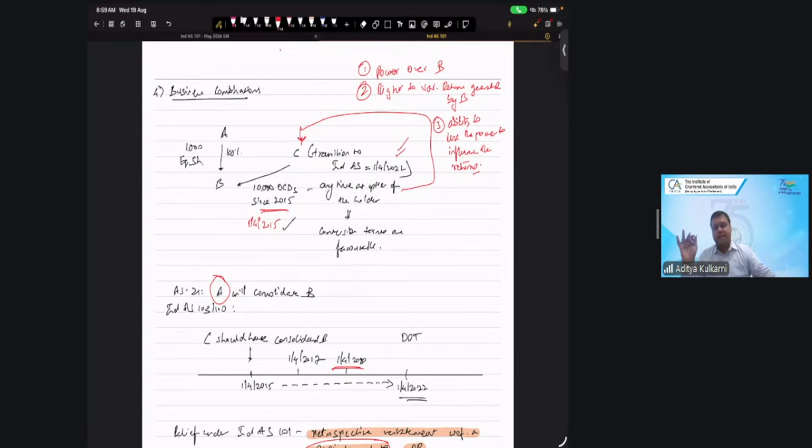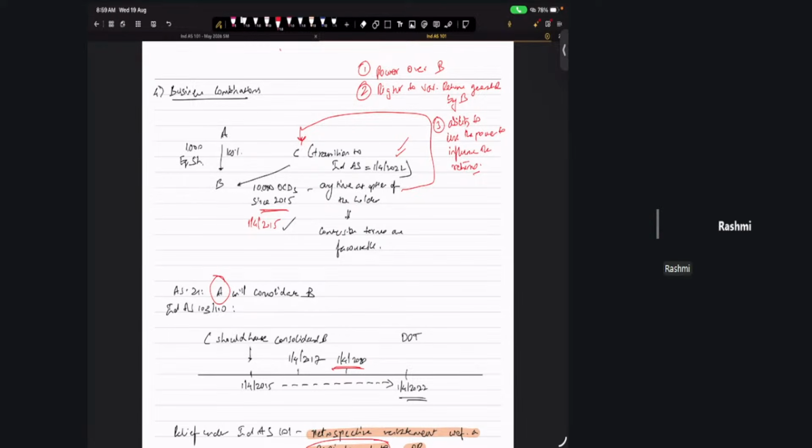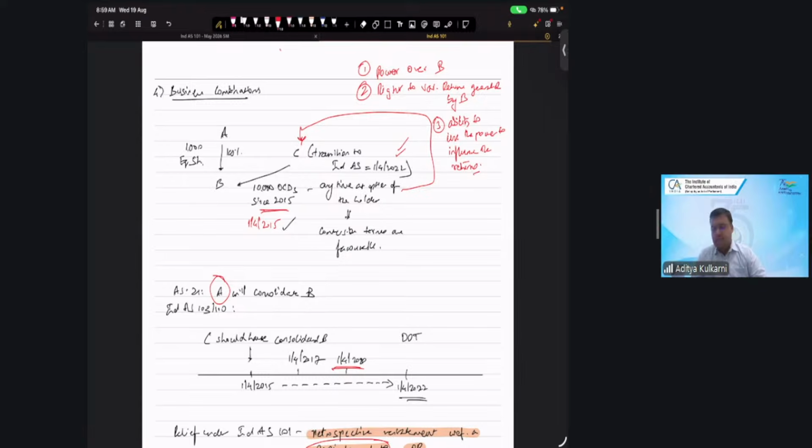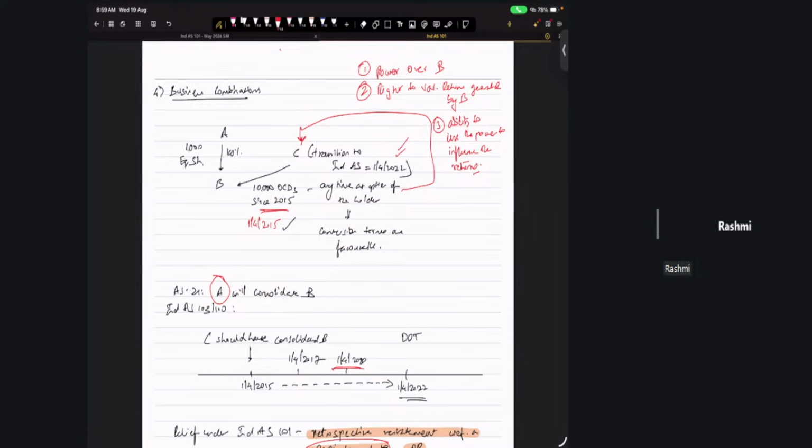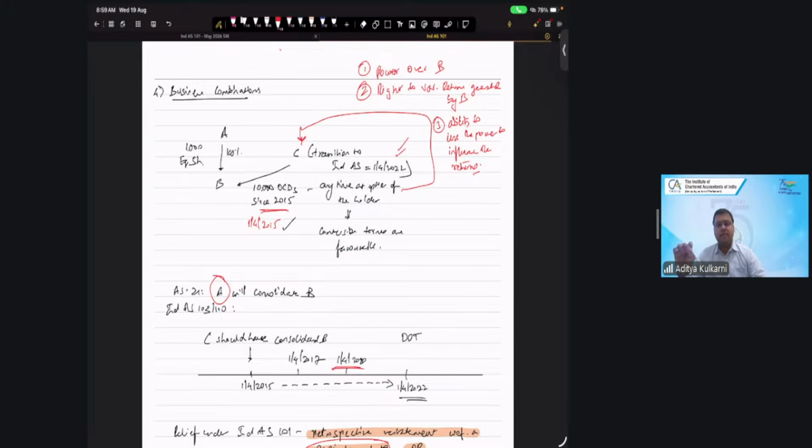So now understand the boardroom dynamics. There is a board meeting of B, or a shareholders meeting of B. A is also in the meeting. C is also in the meeting. Can there be any decision taken without the acceptance of C?